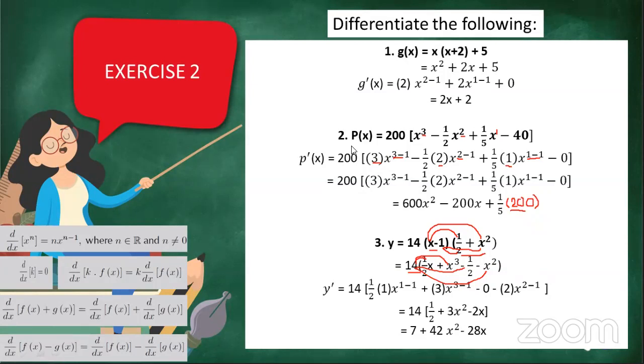Okay. It's simply like with the other ones that we did before. I think maybe it's just because it's longer or something. That's what I'm saying. There are 2 ways of solving the problem. You can either just multiply throughout with the 200, or remember it's the rule where they say if you have a constant and a function, you differentiate the function, then multiply by the constant, isn't it?